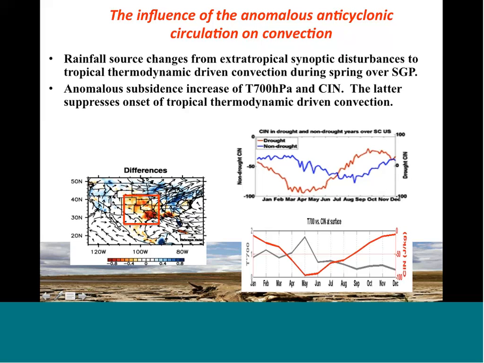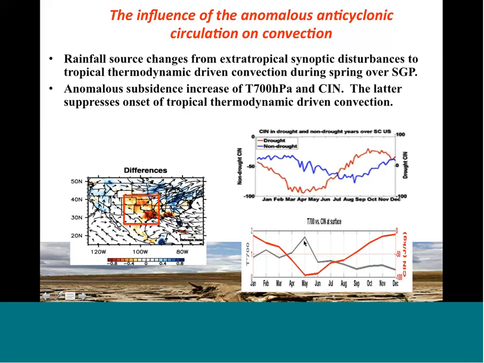thinning in spring. So what might cause this strong increase of convective inhibition energy? Besides the surface dryness, in fact, the increase of temperature at the top of the boundary layer at 700 hectopascal also played an important role.